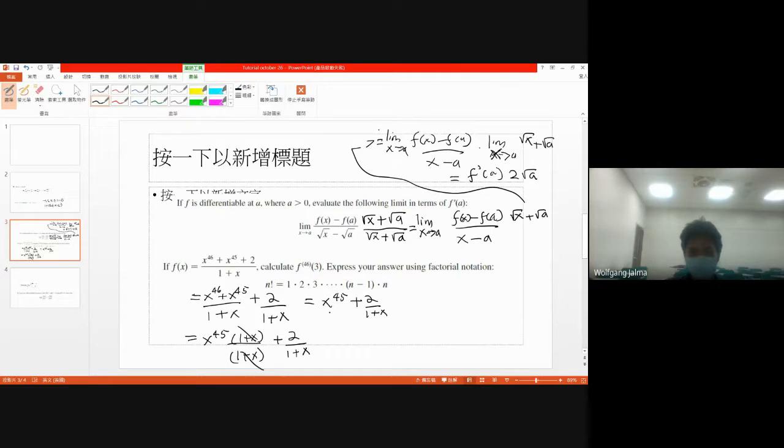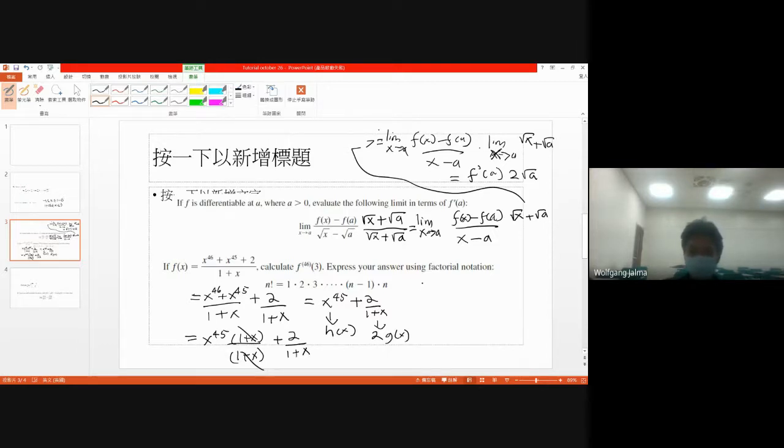Let us call this one h(x), and this one 2g(x). Why 2? Because I will differentiate this without the 2, which makes our life easier.